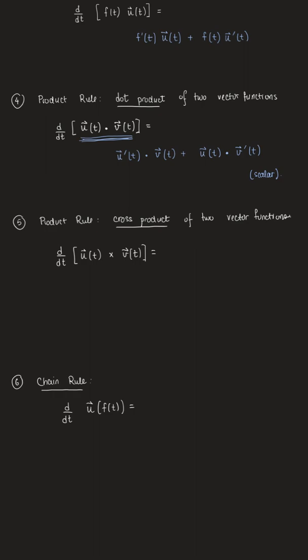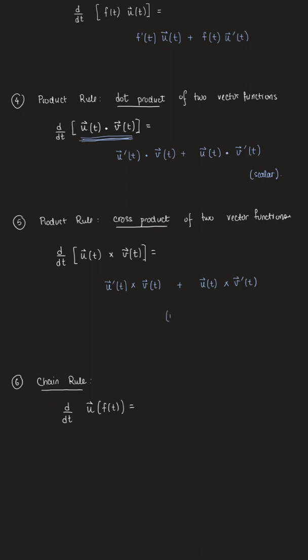But the product rule is very similar to the other two. We take the derivative of the first vector function and we cross it with the second vector function, and then to that we add the first vector function crossed with the derivative of the second. The result will be a vector.